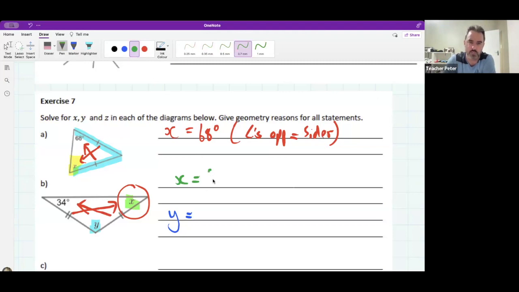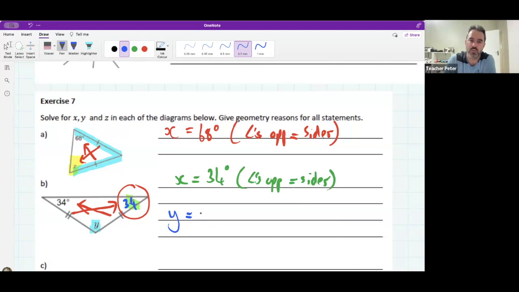So X should be 34 degrees, and that's going to be angles opposite equal sides. And then Y, well, if you know that this is 34, then the angles inside a triangle have to add up to 180, don't they?